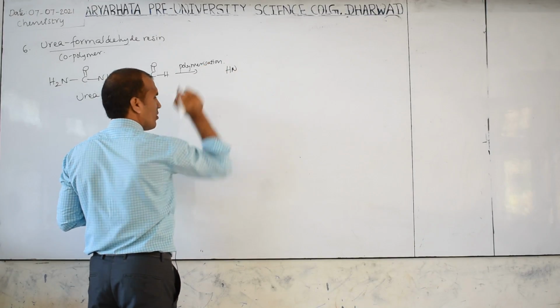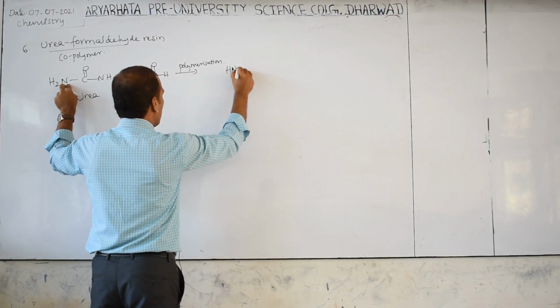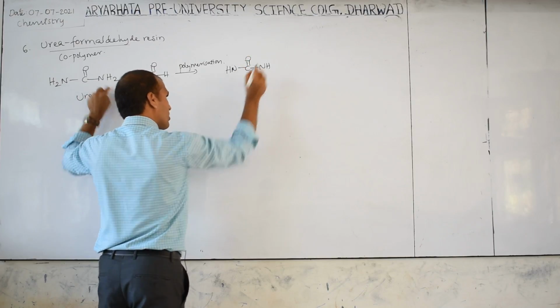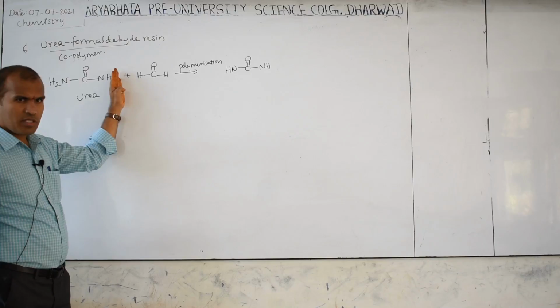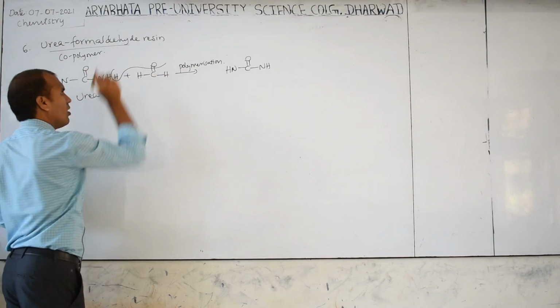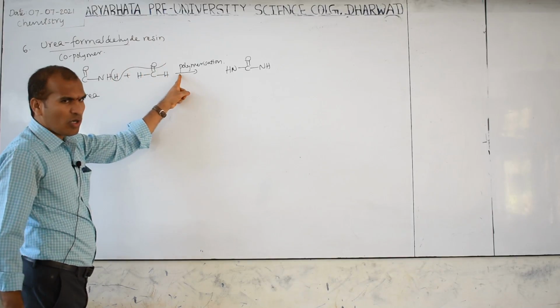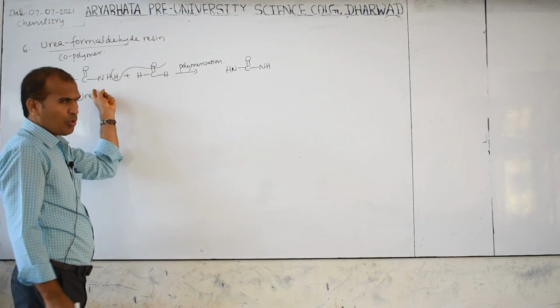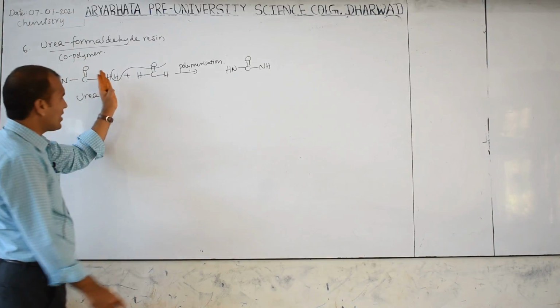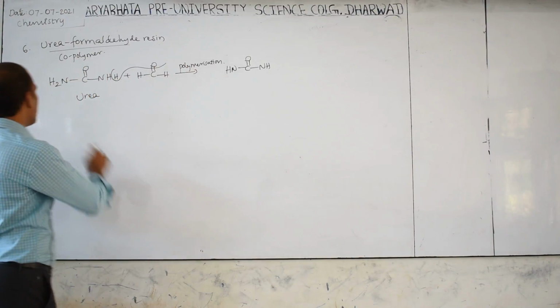What is left? NH, C double bond O, NH. Here one H, HO, next molecule also urea. Urea formaldehyde, urea formaldehyde, alternate. This side H is there, so what is there on the next molecule?